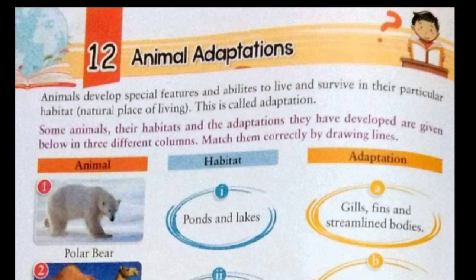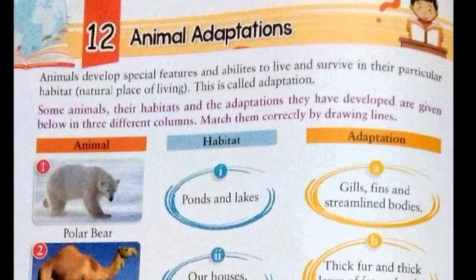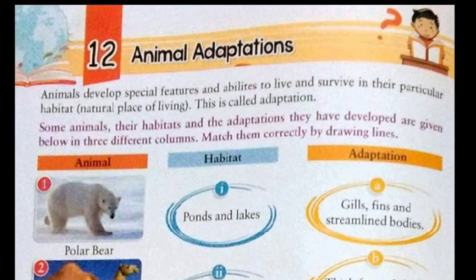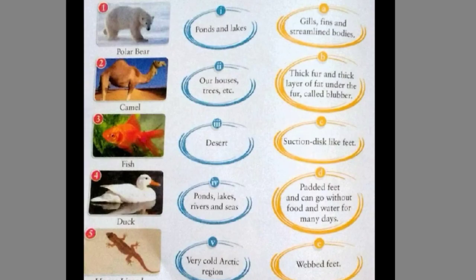So I want you to do this exercise yourself. Let me tell you how you will do this. As you can see here, there are 3 columns. In the first column, the animals are given. In the second column, their habitat, in which surrounding or environment they live.